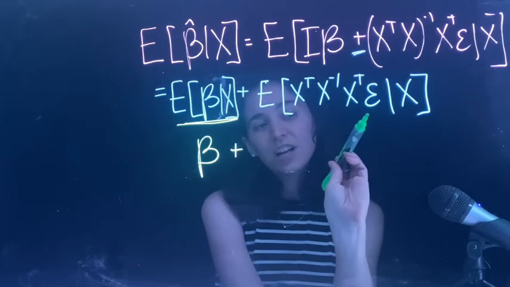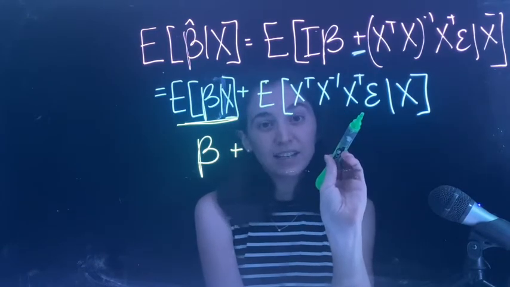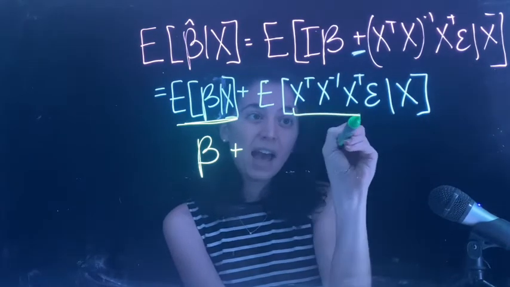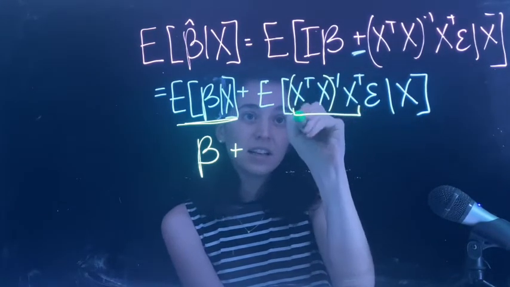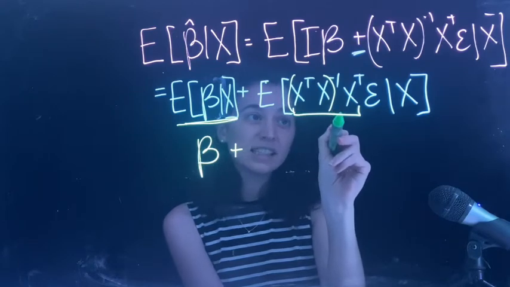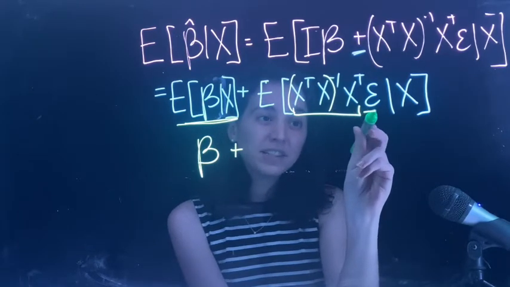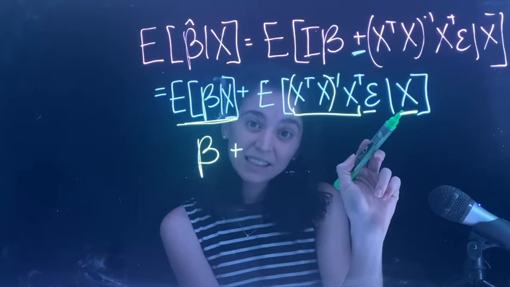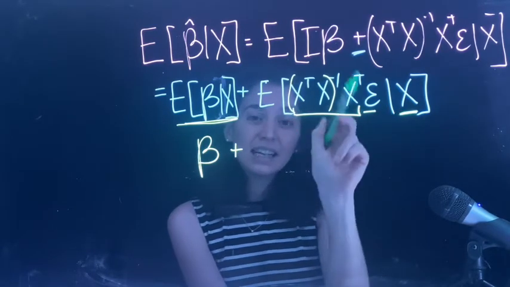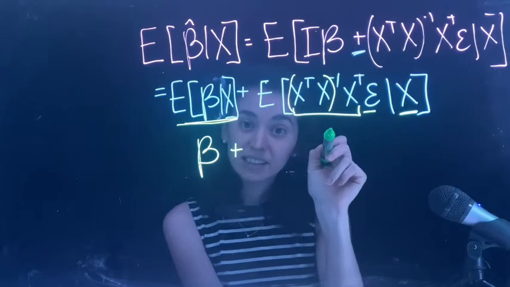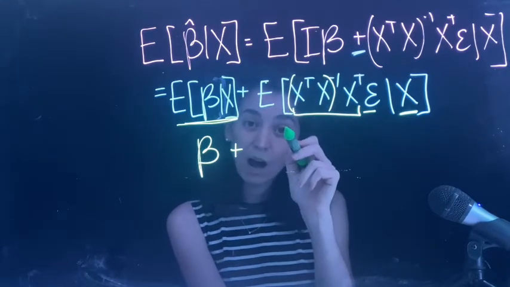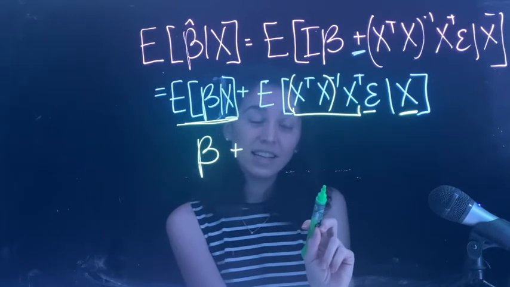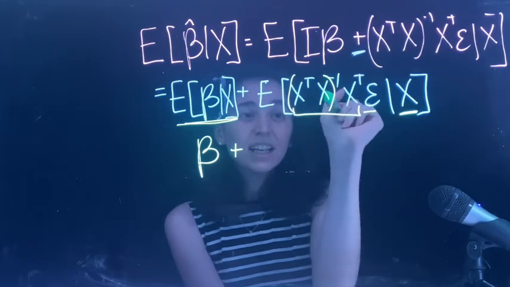What in here is constant and what is random? Well, we're taking the expectation of some function of x's, and then epsilon given x. The fact that we have this given x makes these x's constants. So we can pull those x's out of the expectation and end up with the expectation of epsilon given x.